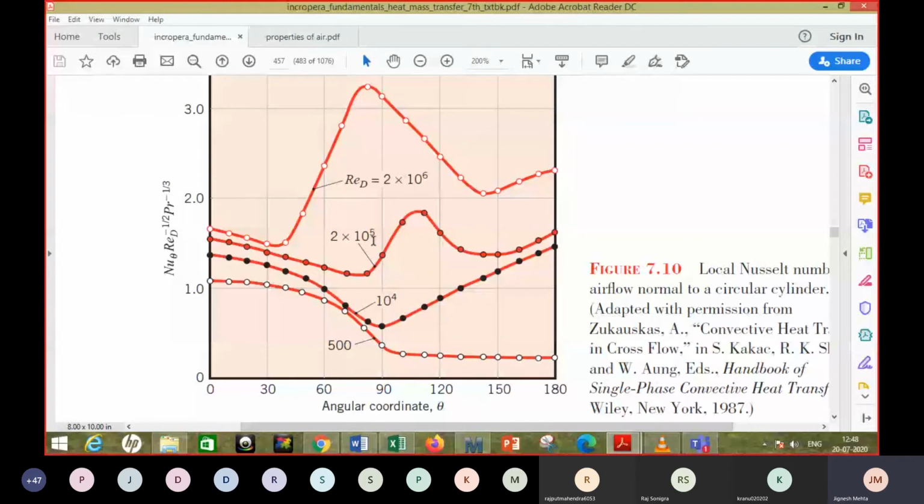Now, if Reynolds number value is high, then you see two minima taking place. You can focus on this one, 2 into 10 raised to 6.